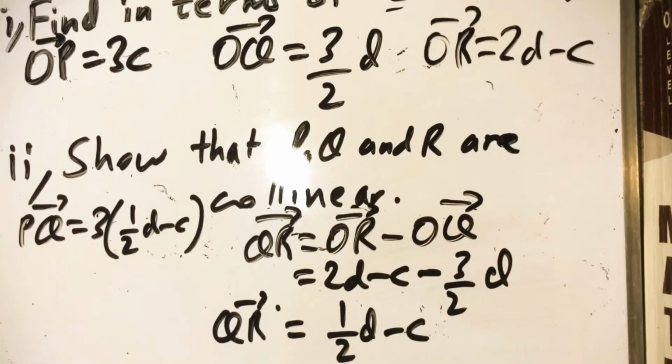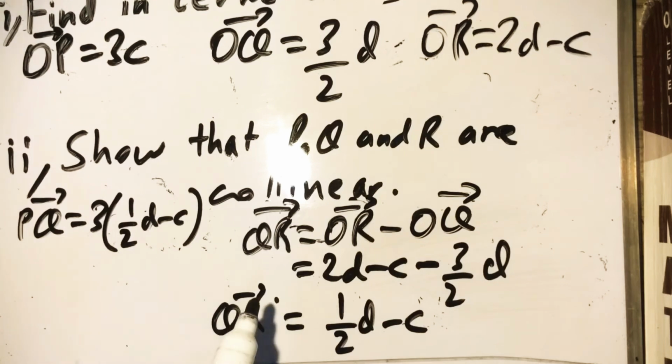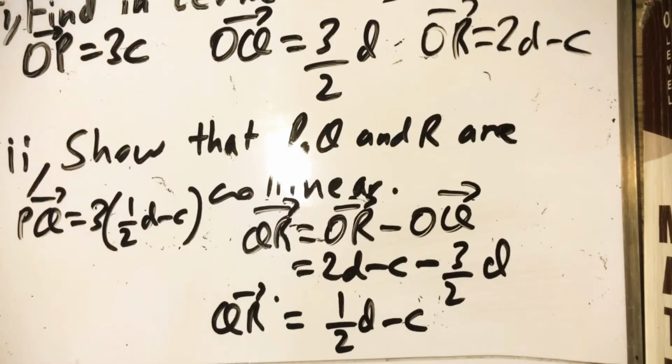Now what we can see over here is that PQ is a scalar multiple of QR. That is why both of them are parallel. Now if PQ and QR are parallel, that means that P, Q and R are collinear.